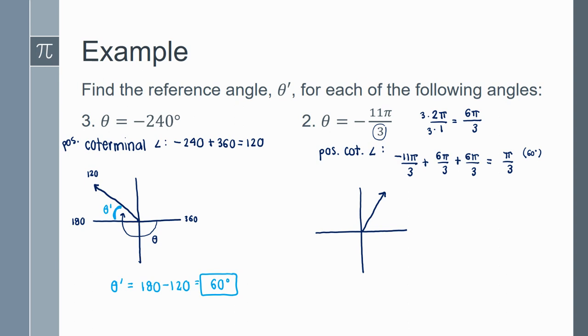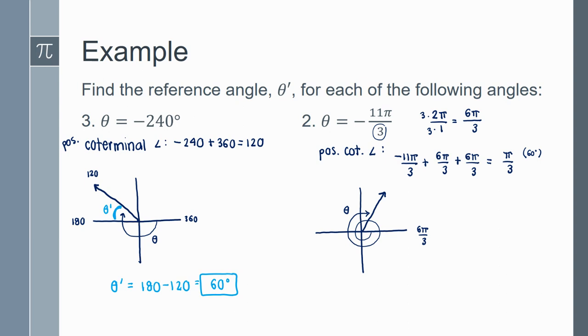And if I was to sketch a picture, I'm going in a clockwise position. There's my theta. Because remember, this is technically 6 pi over 3. So because it was 11, I needed to not only do one full circle, but I had to then go around to get to that terminal side again.